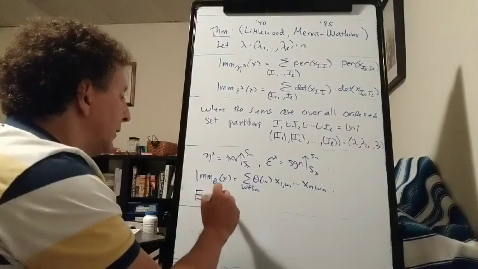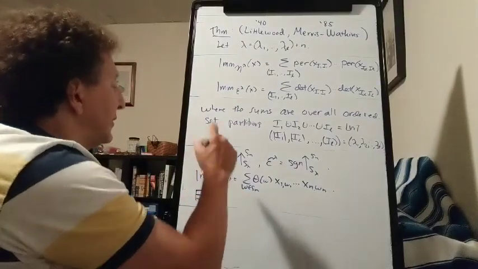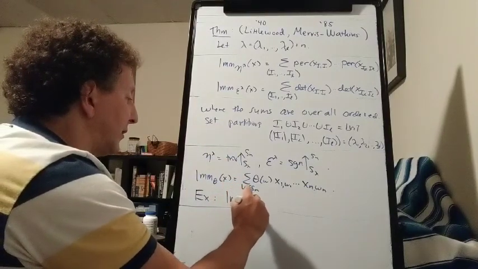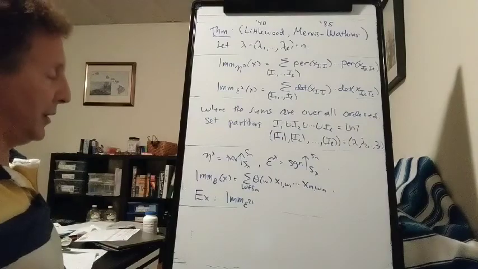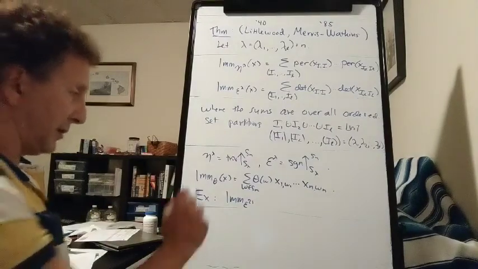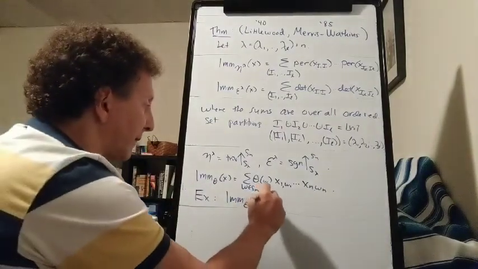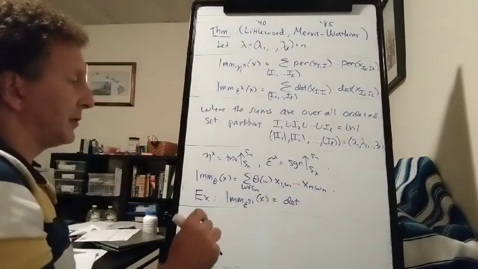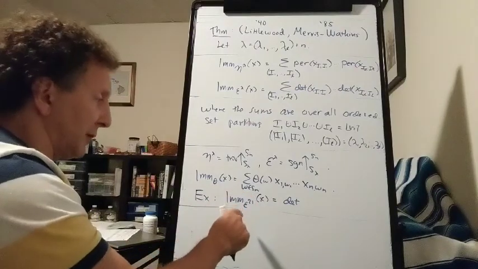So, for example, this theorem says that if we want the induced sign character indexed by the partition 2, 1, then that's going to be a sum of products of two determinants.